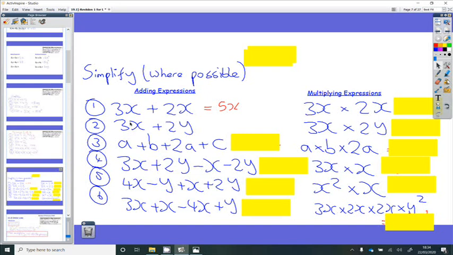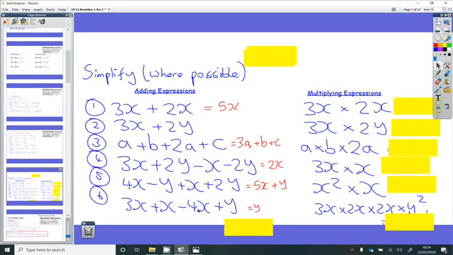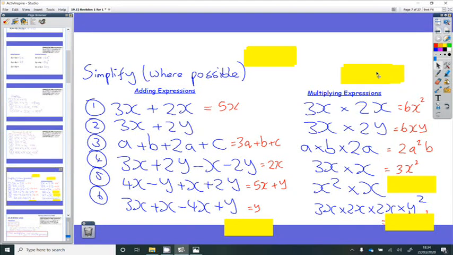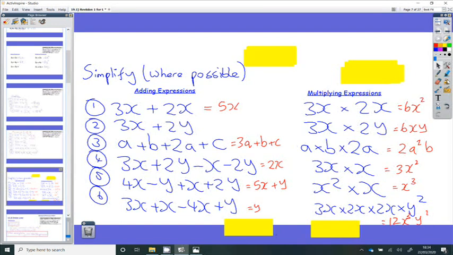We can't simplify that, that's as simplified as it can be already. 3a plus b plus c, 2x, 5x plus y, just y there because all the x's cancel out, 6x squared, 6xy, 2a squared b, 3x squared, x cubed, and 12x cubed y squared.